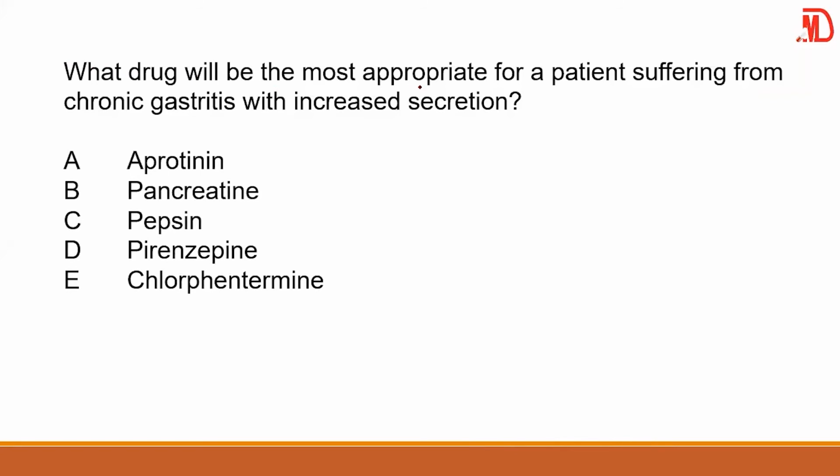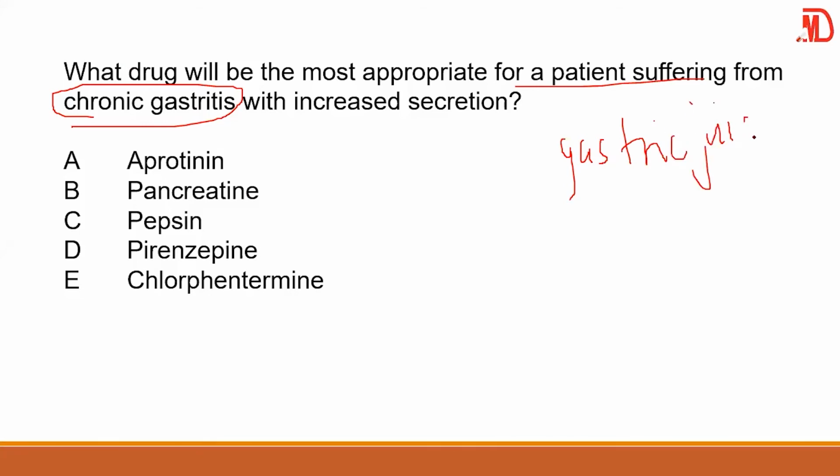What drug would be the most appropriate for a patient suffering from chronic gastritis? Chronic gastritis means that there is too much secretion of gastric juice, because it's inflamed. Inflammation of the mucosa. And you know gastric juice contains HCl, isn't it?